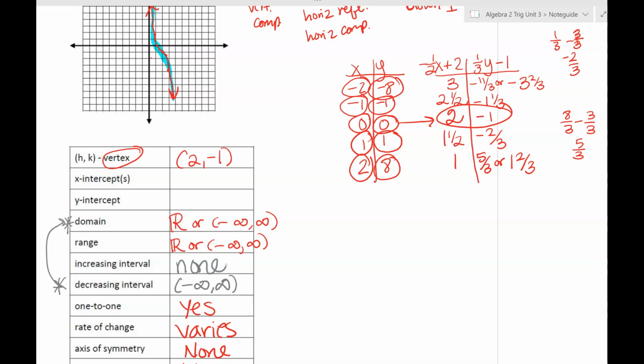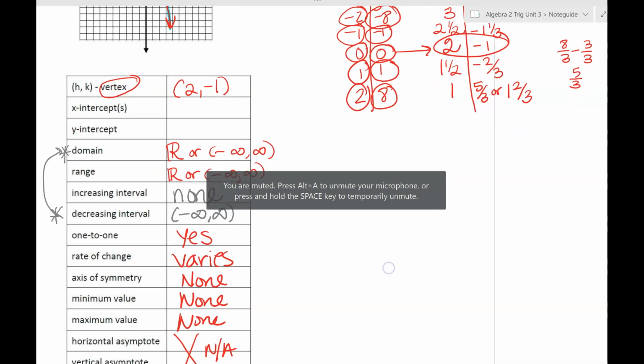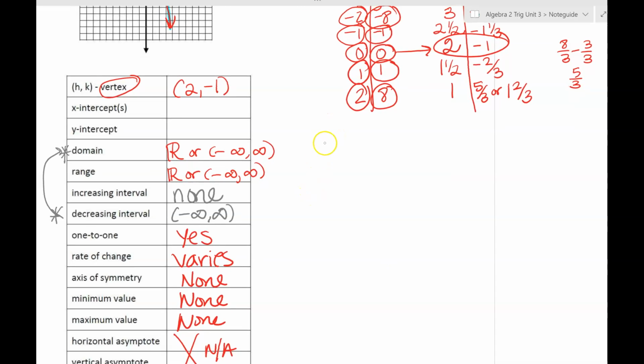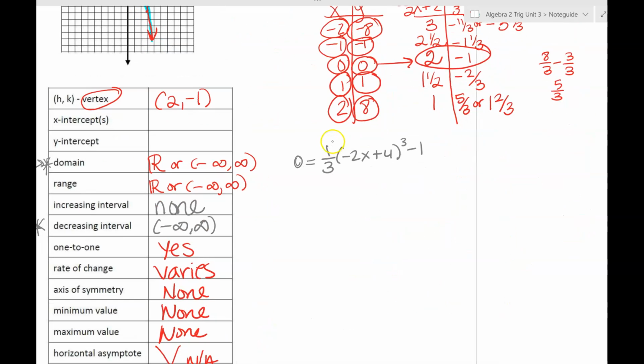And then I'm going to move on to my intercepts. For the x-intercept, we're going to have to do some solving. So when we look at this, we're going to have 0 for y, and I'm just going to set it equal to the original format of the equation. And then I'm going to go ahead and again work on isolating that portion that contains x, which is all inside the cubic here.